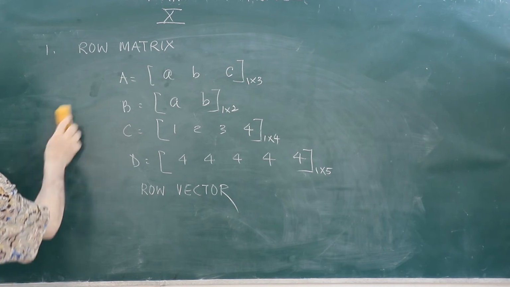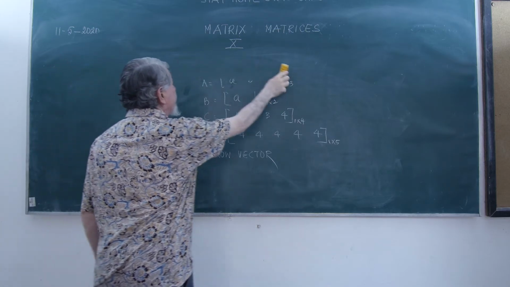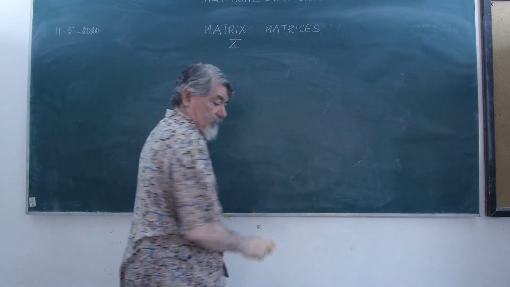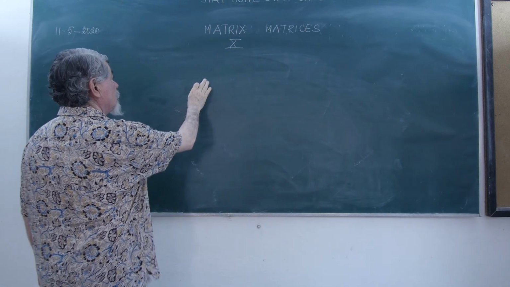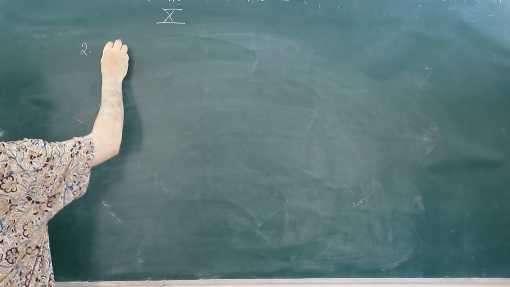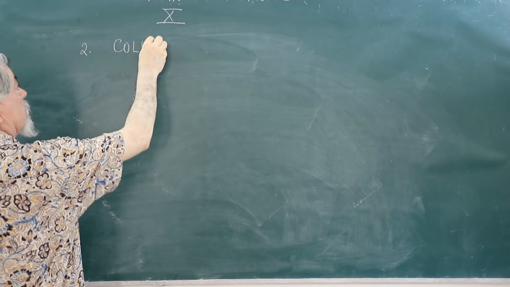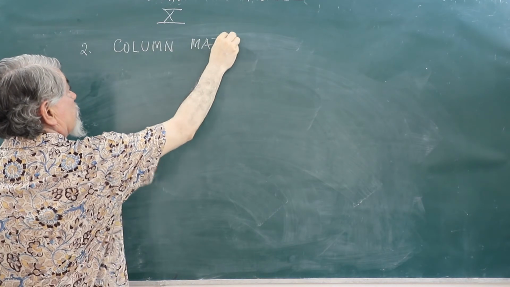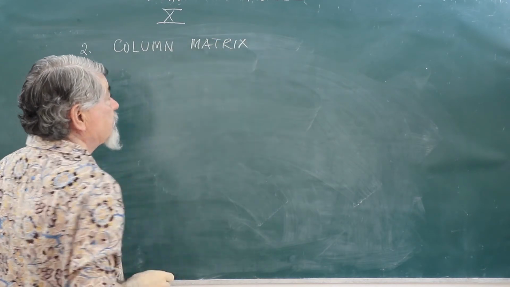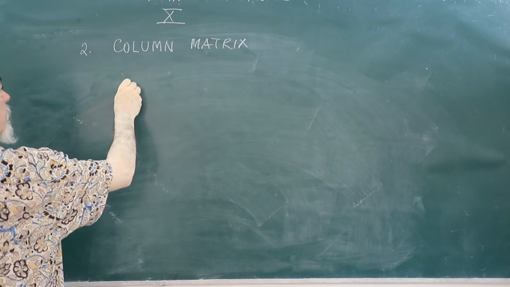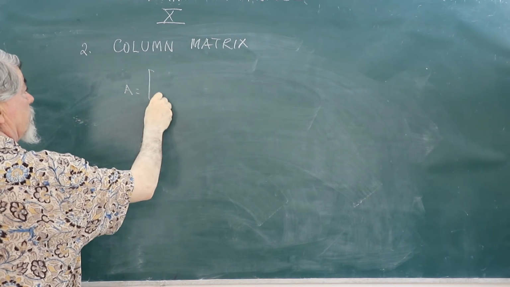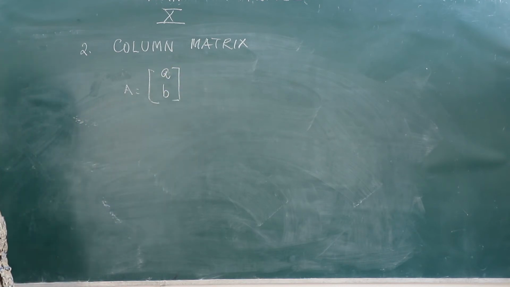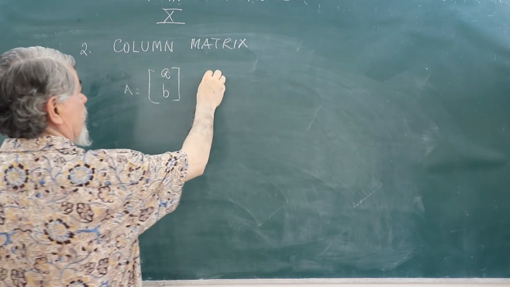Next one, when we have a row matrix, we have to have a column matrix as well. When I say a column matrix, let me take an example. This is a column matrix. It has only one column.